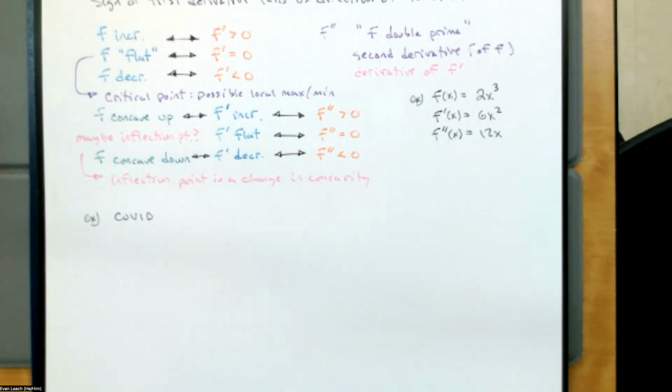So as an example of concavity and inflection points, we want to think about COVID. In the beginning, the number of infections is increasing.